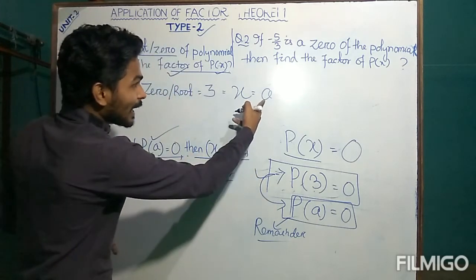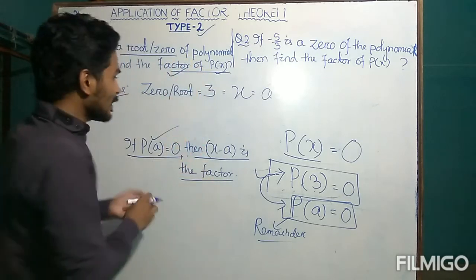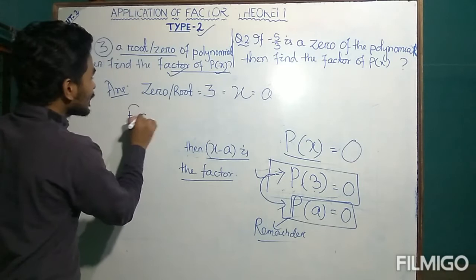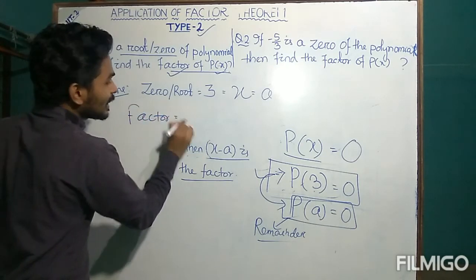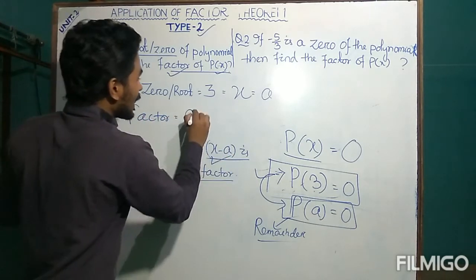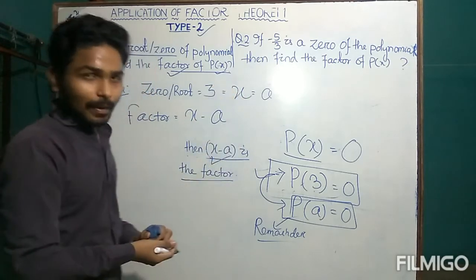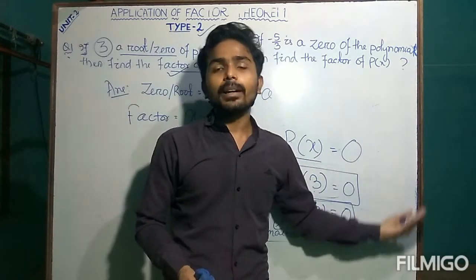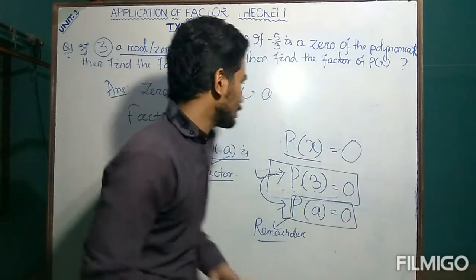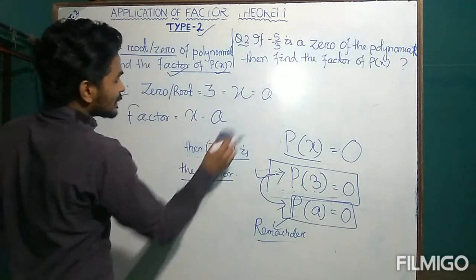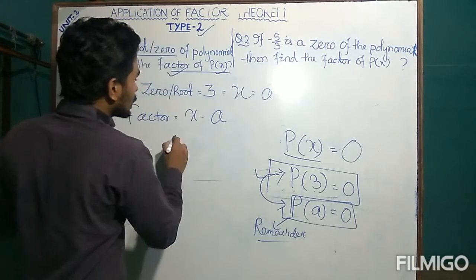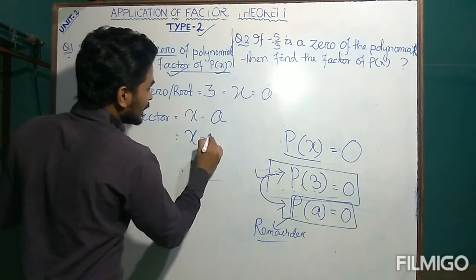So here a is equal to 3. So the factor will be x minus a, because here we have P of 3 is equal to 0, that is, the remainder is equal to 0. Now in the place of a you can put 3.